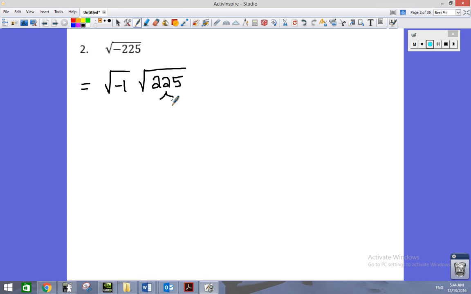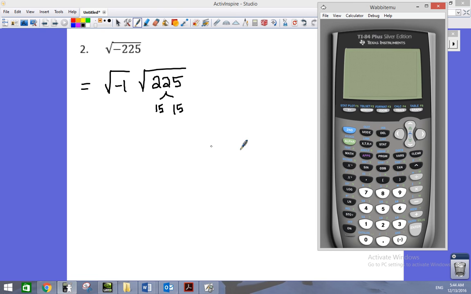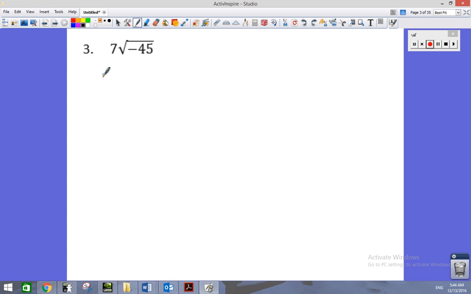225, I think, is 15 squared. I should check that. Yeah. The largest perfect square that divides 45 is 9.